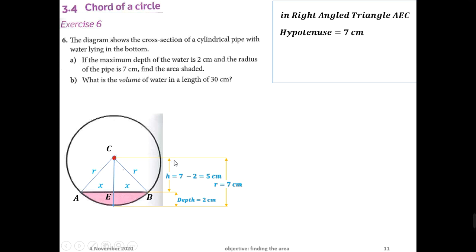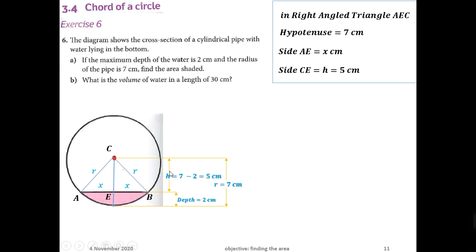So it's equal to 7 centimeters. Then we have side AE, which is called X. And then we have the height here, which we called H, which is 5. And we explained how we found it: we subtracted the depth of the water from the length of the radius to find this distance here.